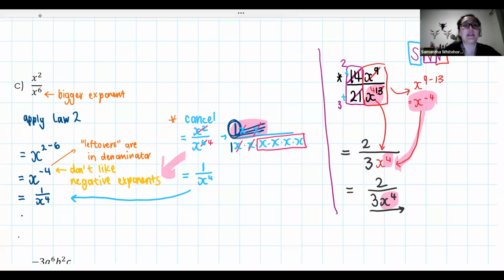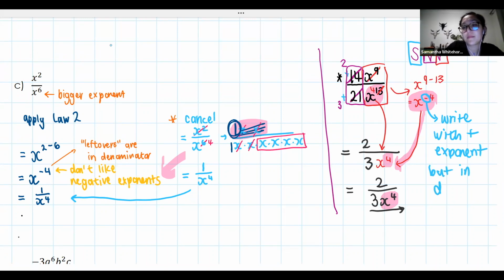So just to say it again, this negative is telling me to write with a positive exponent, but in the denominator. It's telling me to put my remainder in the denominator. Okay, Didintle, I hope that makes sense.